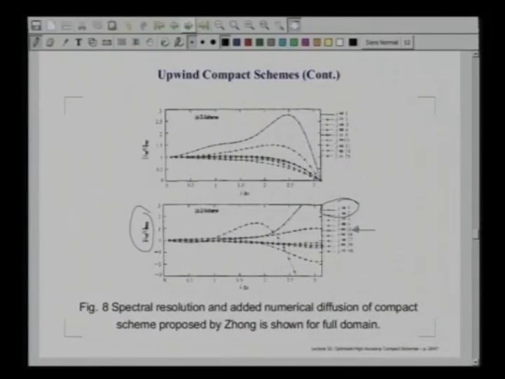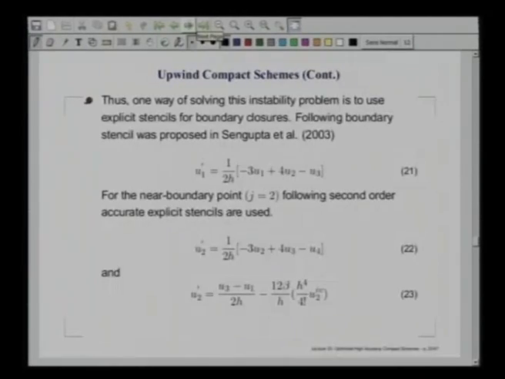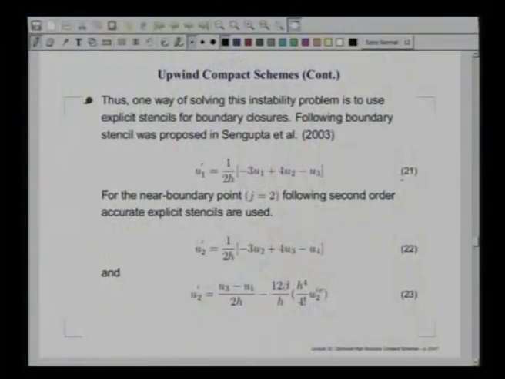But what we are noticing here is that this scheme has a spurious excitation at the inflow, that may not be a physical problem. So, having identified that most of the source of the problem appears near the boundary, and is due to the boundary closure, we decided to propose some explicit scheme at the boundary, and this is what you are seeing here.